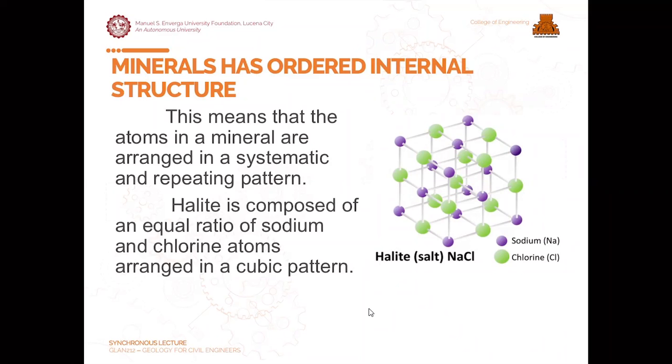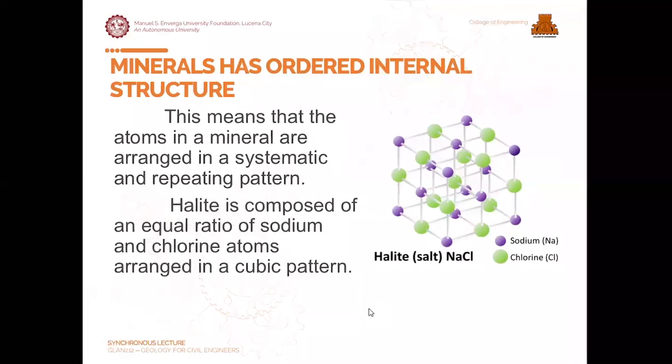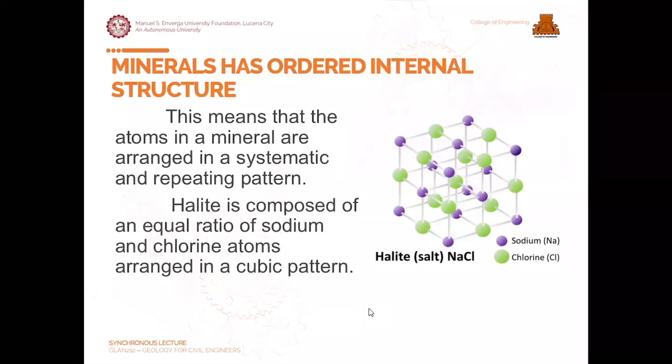So halite is composed of an equal ratio of sodium and chlorine arranged in a cubic pattern. After we have classified a material using these 5 requirements, we can now call it a mineral.